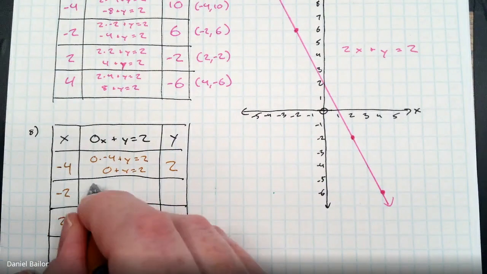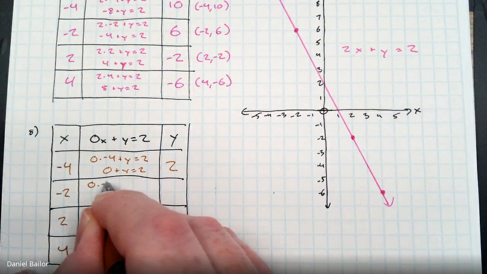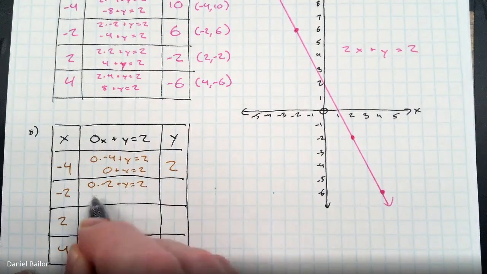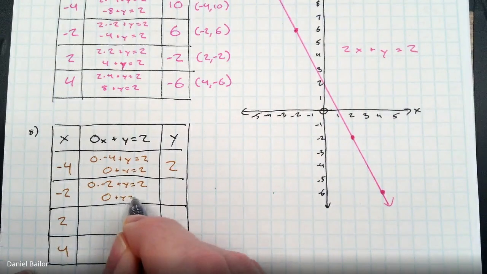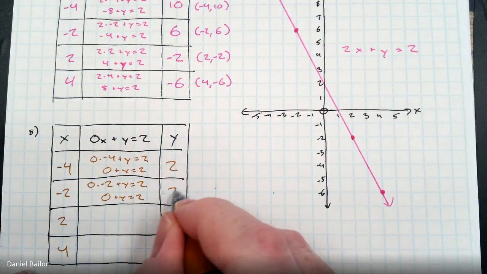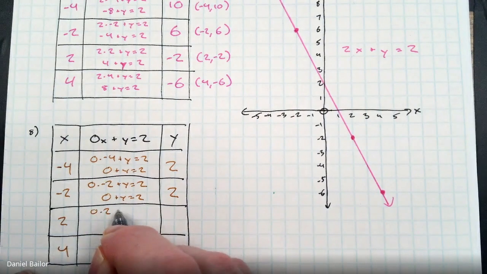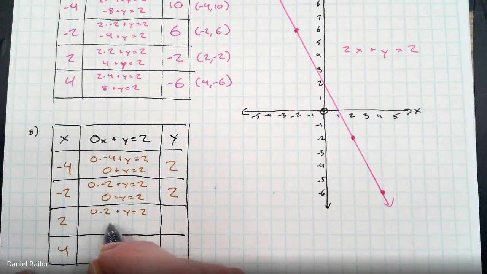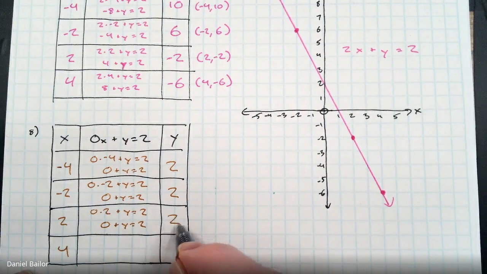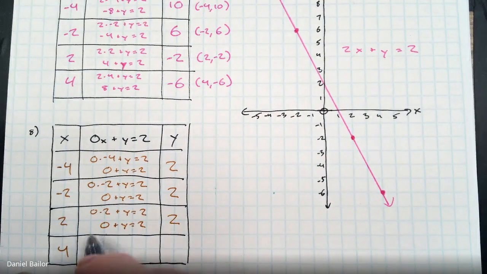X is -2, so 0 times -2 plus y equals 2, so y is 2. X is 2, so 0 times 2 is 0, and we get 0 plus y equals 2, so y is 2. And x is 4, 0 times 4 plus y equals 2, so y is 2.